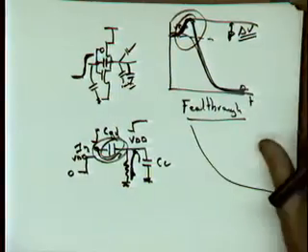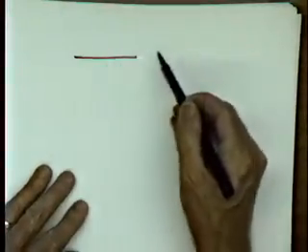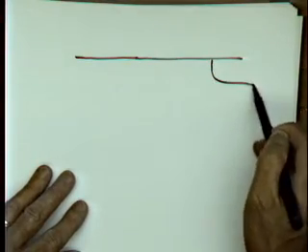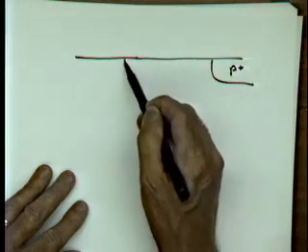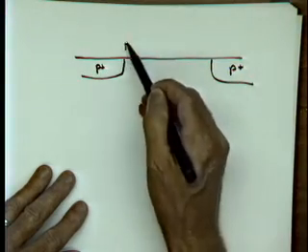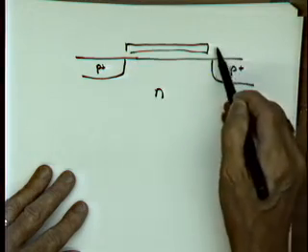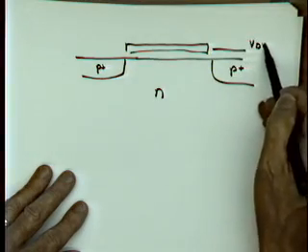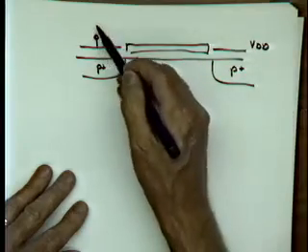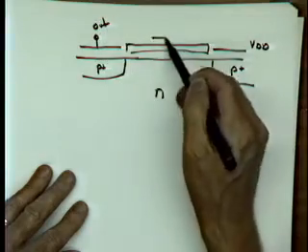Why? Well, remember our transistor. So this is a PMOS device. Okay, so we have P plus here, and we have P plus here. You have an N well. So this thing sits at VDD, and this is my output, and this is my gate.